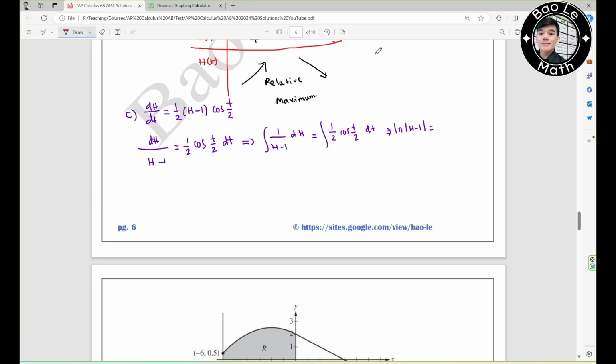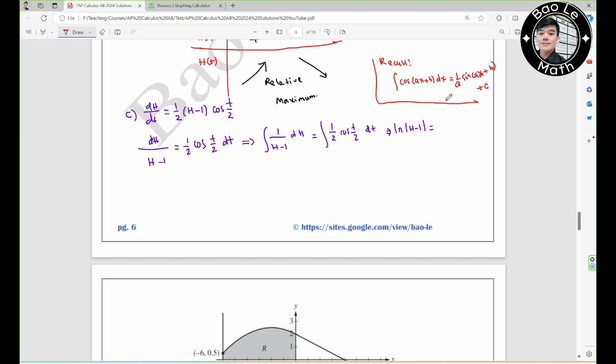now recall, the antiderivative of cosine of As plus B ds is going to be 1 over A sine As plus B plus C right here.